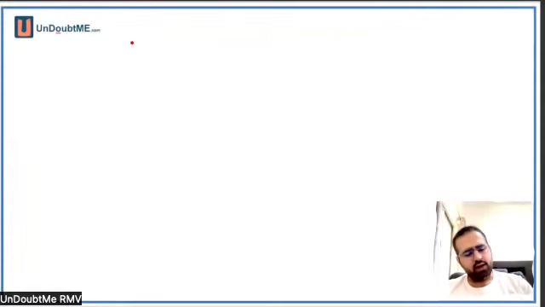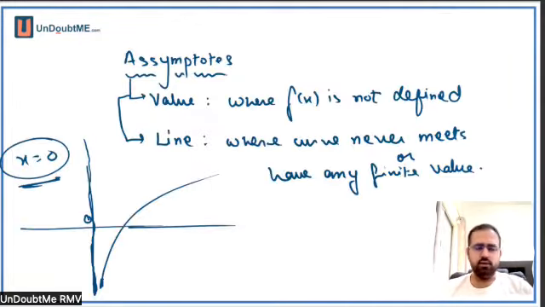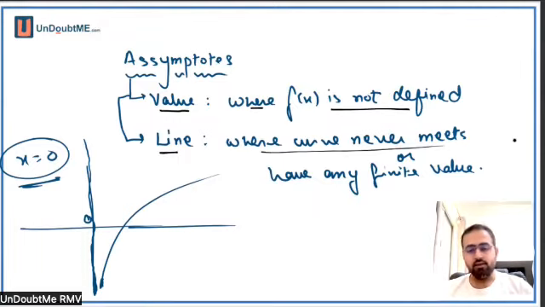Coming to the graph of tan x. Now tan x has some asymptotes. What are asymptotes? That was the last topic of our last lecture. Asymptotes are nothing but a value where f(x) is not defined, or a line which the curve never meets and where there is no finite value.